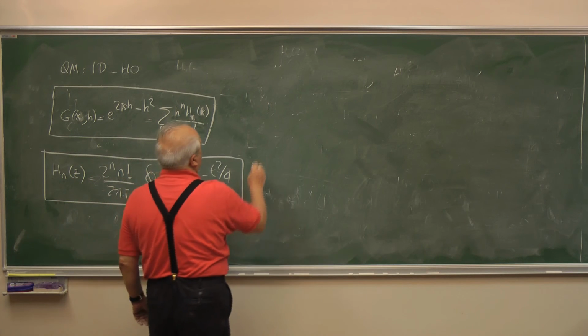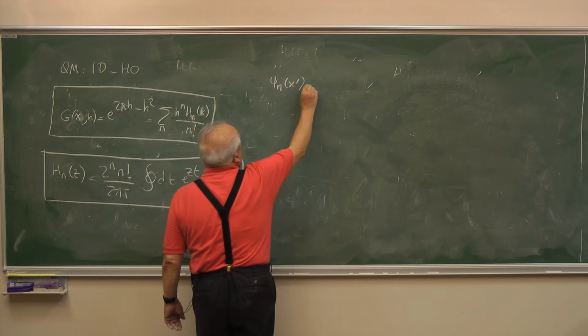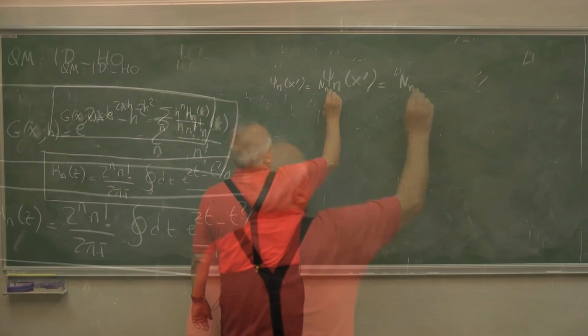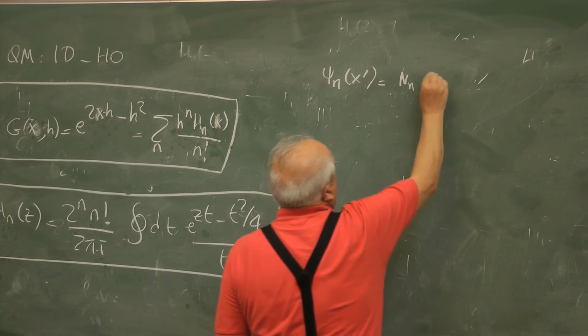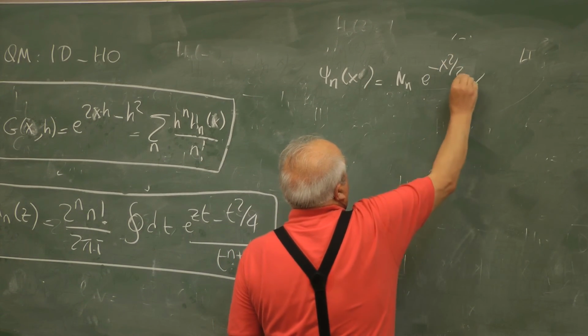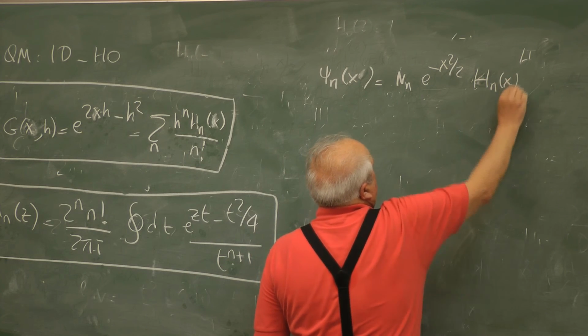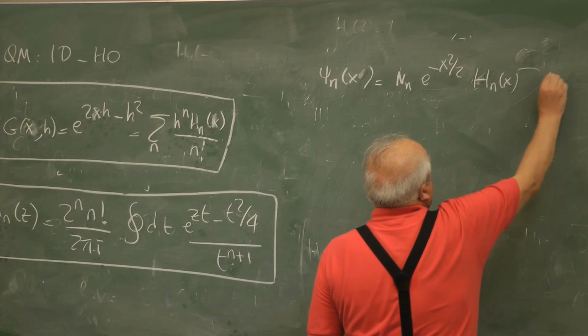Remember, we obtained psi_n of x prime as some normalization coefficient, which we don't know yet, times e to the minus x squared over 2, times h_n of x. This is a dimensionless x.